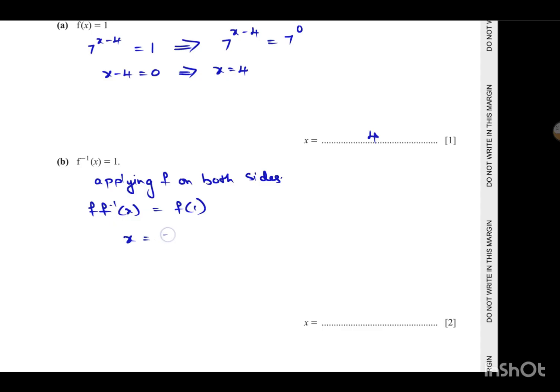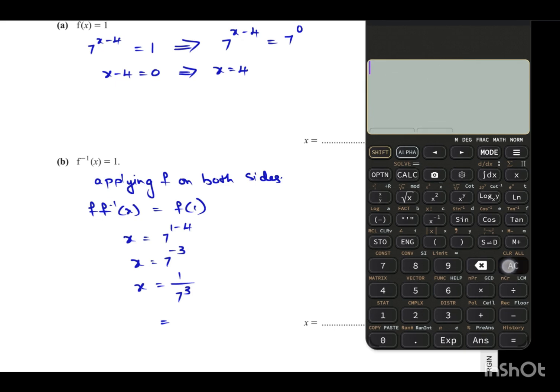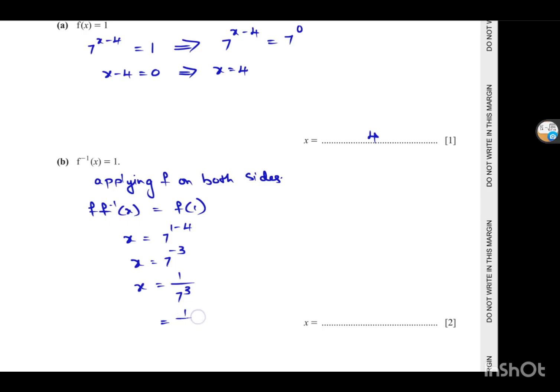So f of 1 will be 7 raised to 1 minus 4, because instead of x we put 1. That will be x is equal to 7 raised to minus 3. So that will be x is equal to 1 by 7 cube. Find out what 7 cube is in the calculator. 7 cube is 343. So 1 by 343 is the value of x in this case.